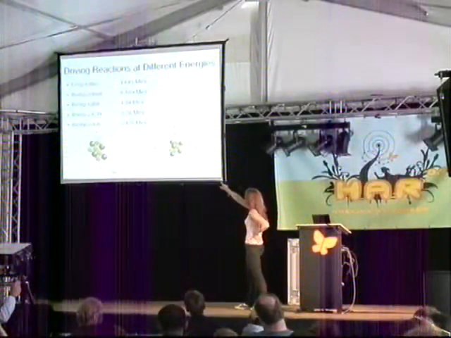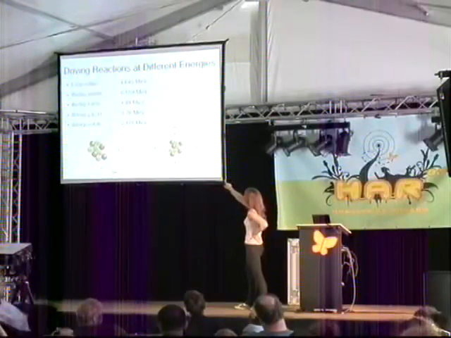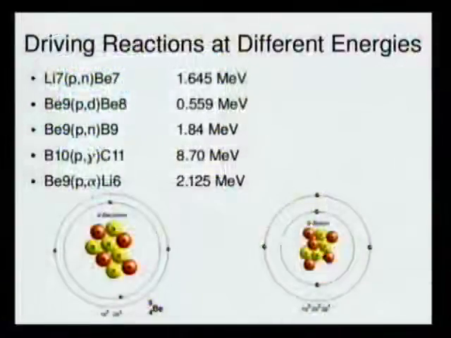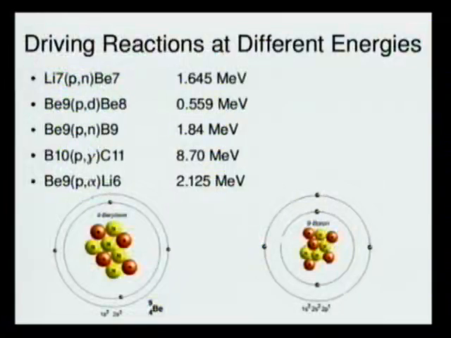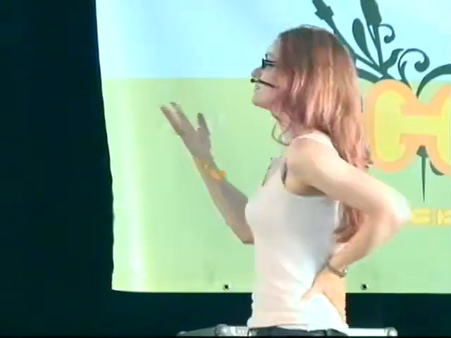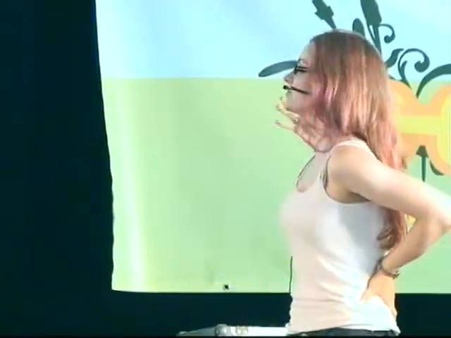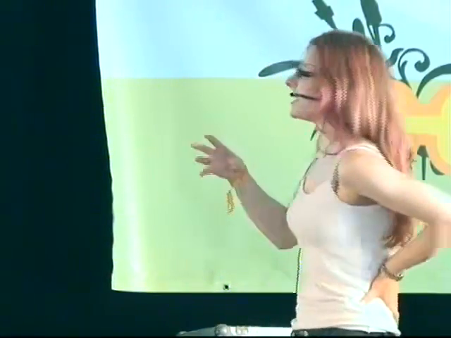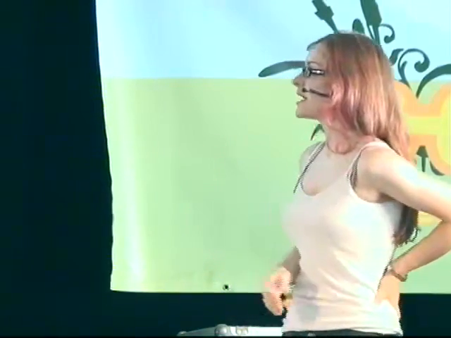So looking at the first one, you have lithium-7 that's going into beryllium-7, and the P comma N in the middle means you're slamming a proton into the lithium-7, and you get out a neutron and beryllium-7. And so for the next one, again, you have beryllium-9, put in a proton, you get out a deuteron and beryllium-8.